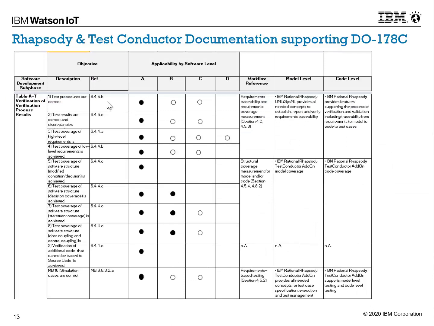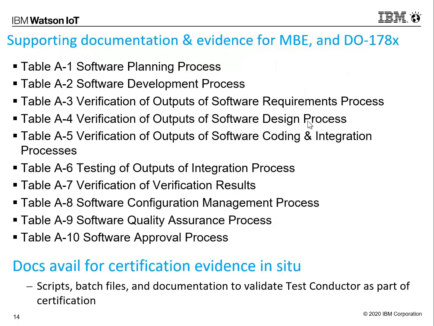So for example, here you see the requirements traceability needs to be done for level A, and here we describe how we do that at the model level and at the code level. This gives you a head start towards documenting and certifying your product. Further, we provide these different tables as supporting documentation.